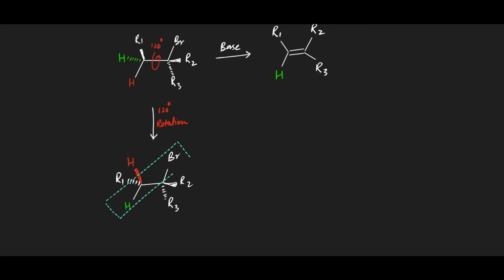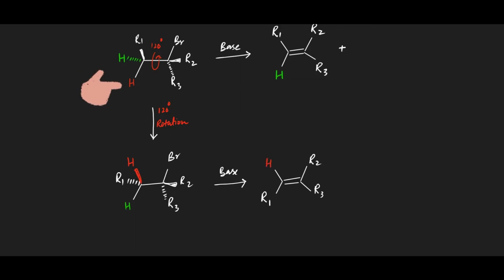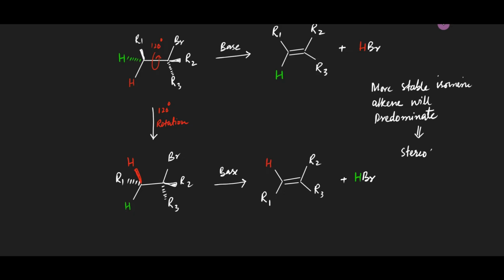Red hydrogen is now on solid wedge and R1 moves to dash. Elimination now gives this alkene product, in which R1 is anti to R2. In this case red H is eliminated, and in this case green H is eliminated. In such reactions, more stable isomeric alkene product will predominate, making this elimination a stereoselective reaction.